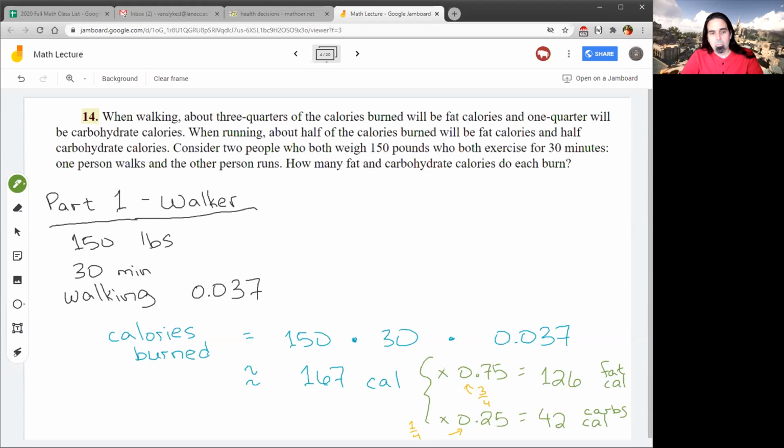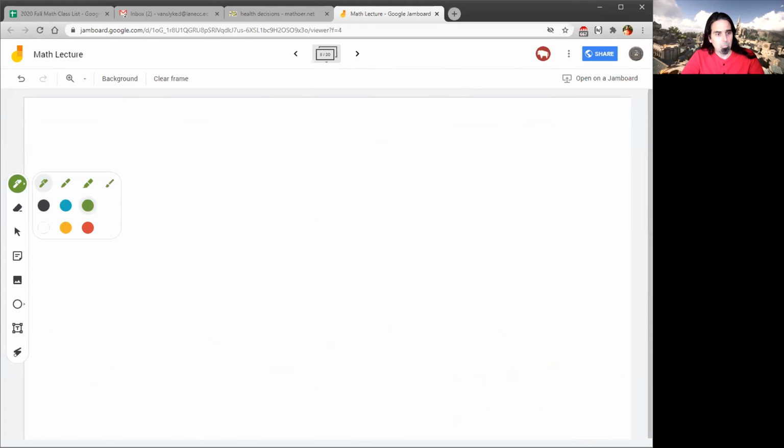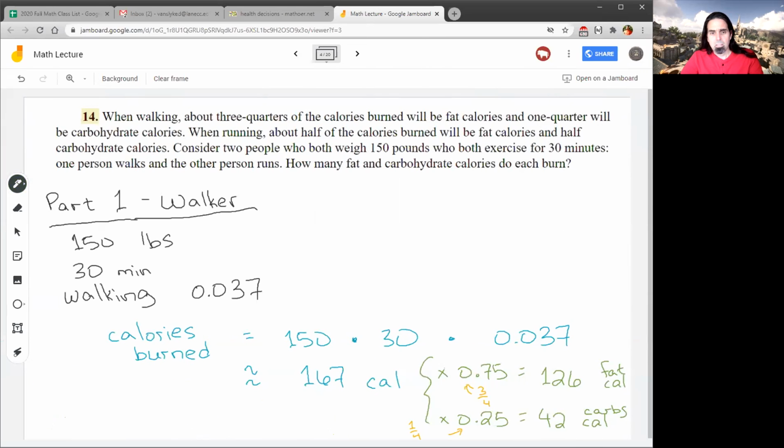Now we'll do the same thing with someone who's running. They still weigh 150. They still are doing half an hour.